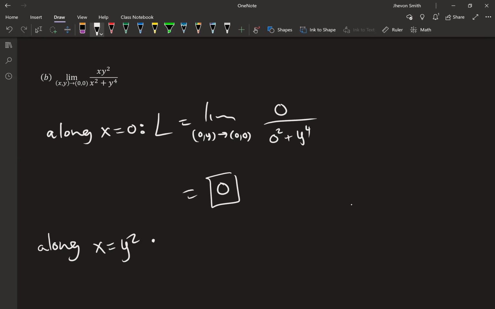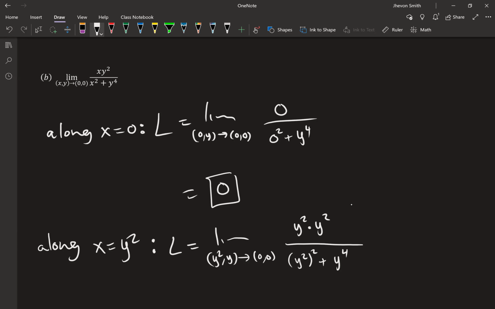Hopefully you all see why that would make sense. If I replace all x's with y squared, then I go here and plug in y squared for the x, plug in another y squared for this x, and that's the y to the 4th.